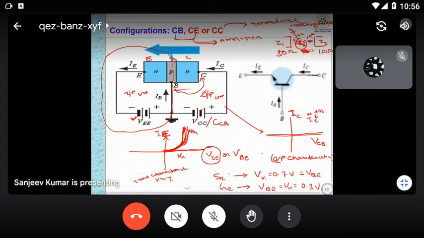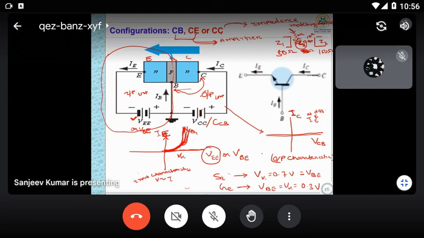Input characteristics means what is the input voltage here? You have taken VE, because it is connected to the emitter and this is connected to the base. Either I can take VEE or I can also take VBE, same thing, because voltage across two terminals we can write VEE or VBE. Now this is voltage versus current.